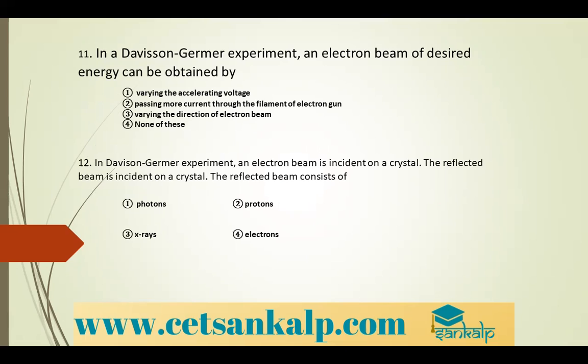In Davisson-Germer experiment, an electron beam of desired energy can be obtained by varying the accelerating voltage.